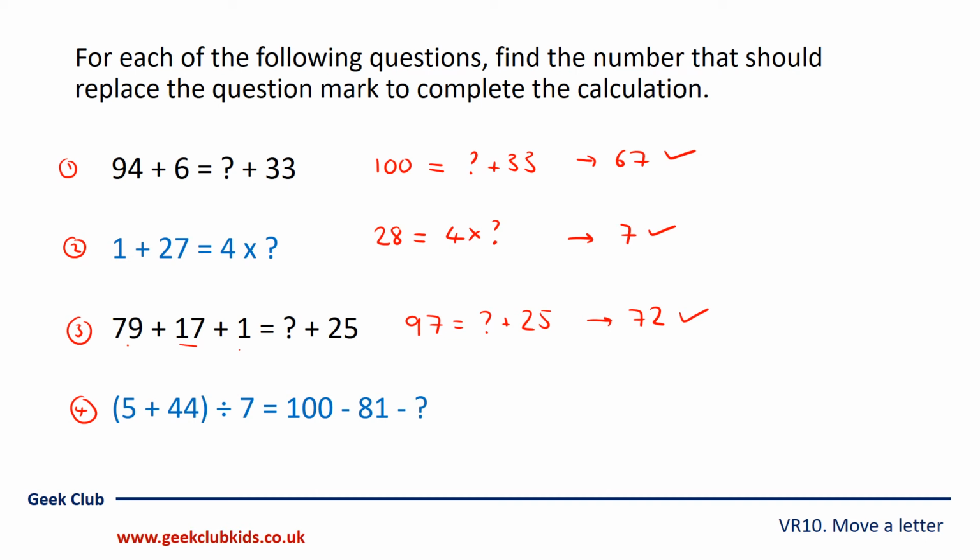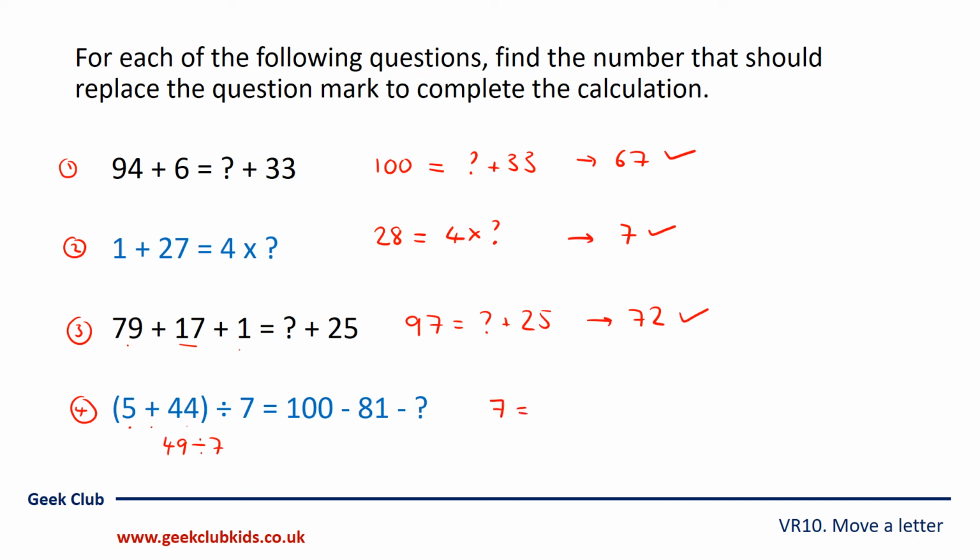Okay, number 4 looks a bit more complicated. We can see we've got something in brackets. So 5 plus 44, and then divided by 7. Remembering BIDMAS, that tells us that anything in brackets should be calculated first. So we'll do 5 plus 44, which is 49, and then divide it by 7, and that would give us 7.